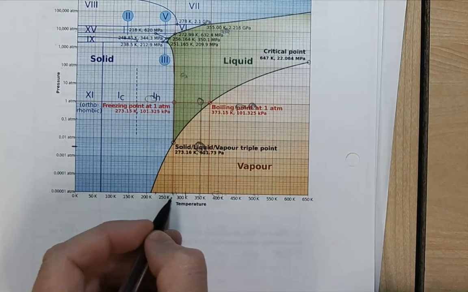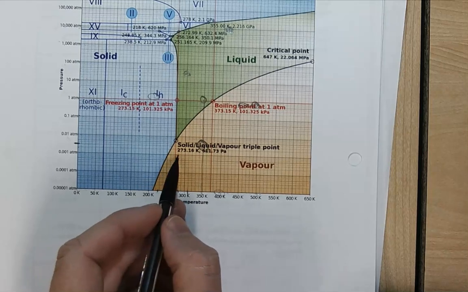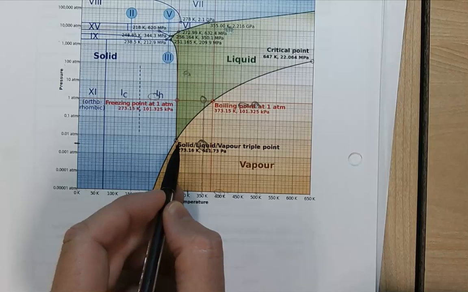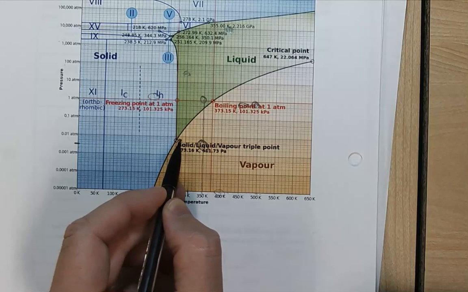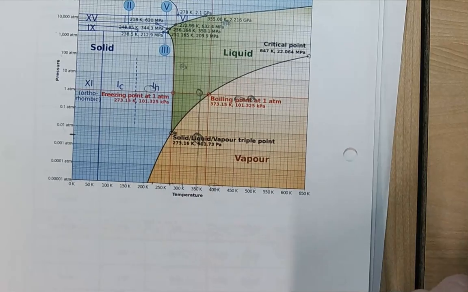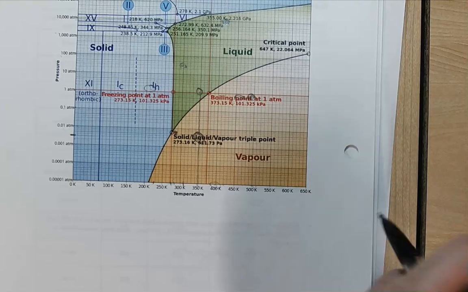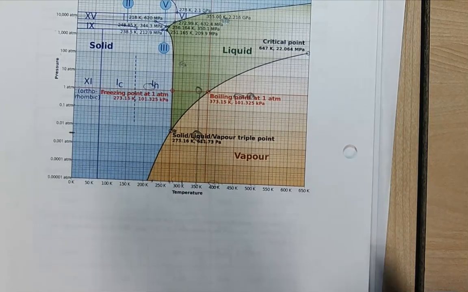That'll be 0.001, 2, 3, 4, 5, 6, just there. Yep, just to the right of the triple point. So just a little too warm. That'll be a vapor.